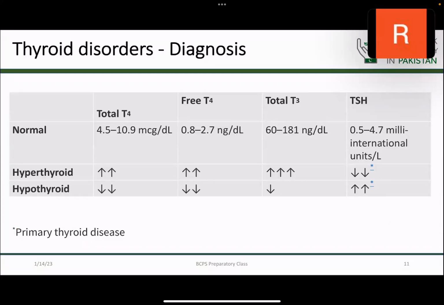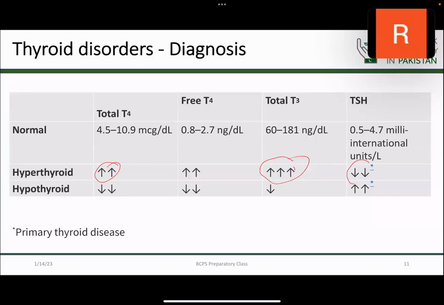Let's go from clinical presentation to the diagnosis of hyperthyroid and hypothyroid states. We will discuss both of these states side by side. In a hyperthyroid state, the T3 and T4 levels are raised, and when they rise, as we already discussed, there is a feedback where the pituitary gland decreases the secretion of thyroid stimulating hormone.